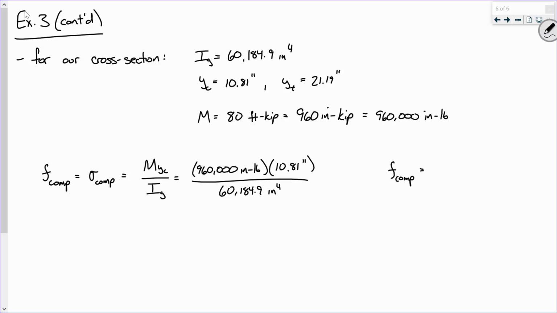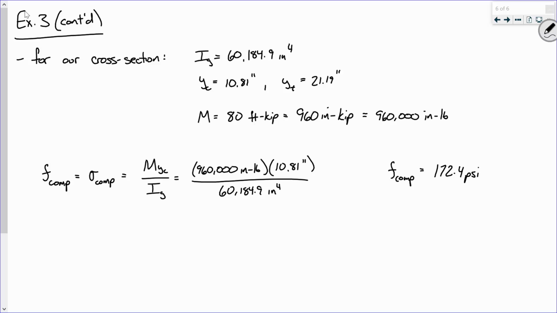So what does that come out to be when you compute that? We'll just keep it to the tenth, so 172.4 PSI.